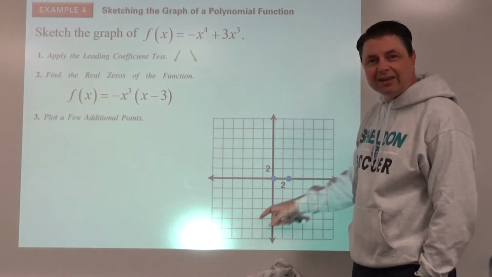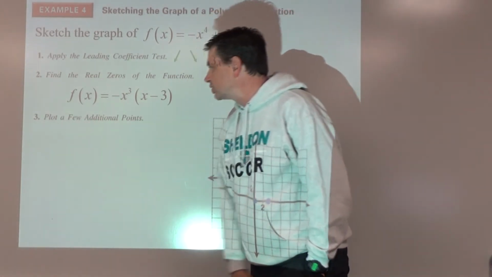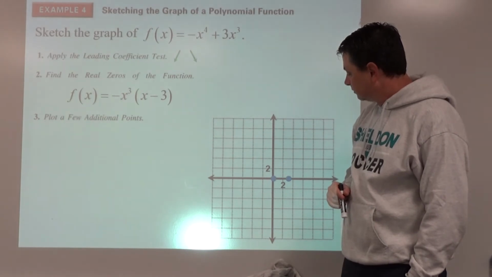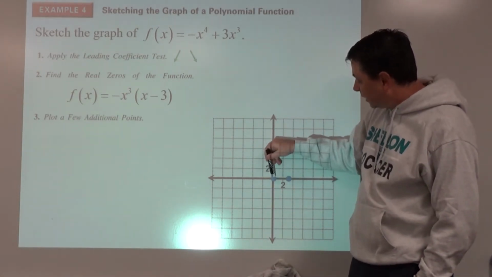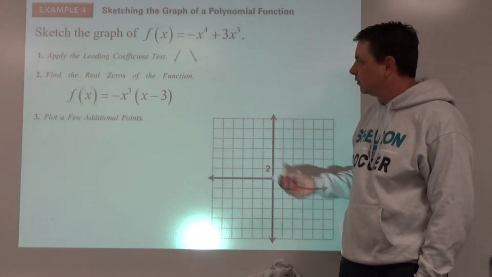That's not really a whole lot of information, so we may need to gain a few additional points by substituting in values. Like 1 and 2, something like that. We've got 0 and we've got 3, so maybe 1 and 2, a few more.